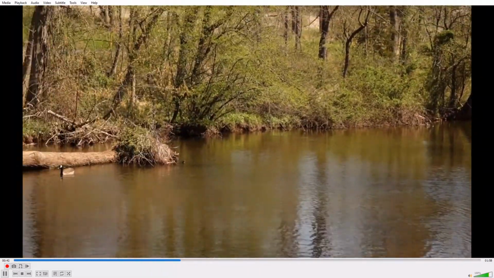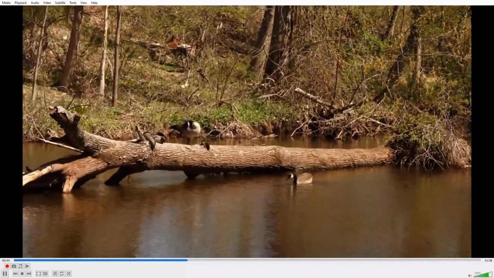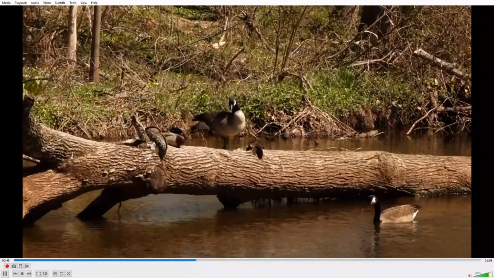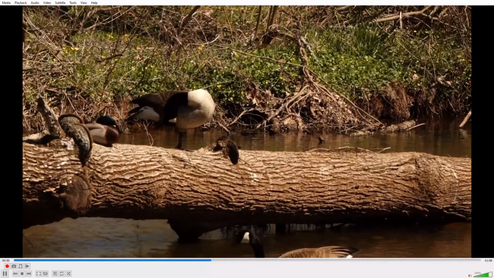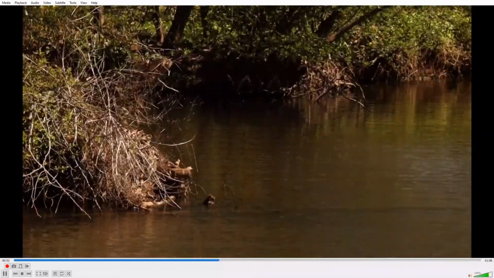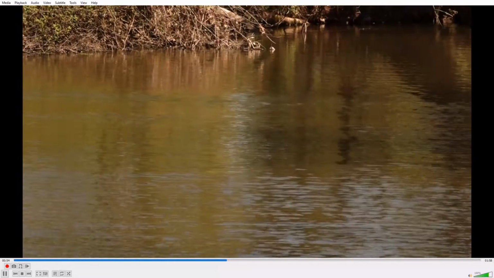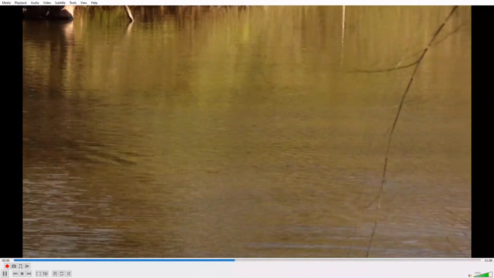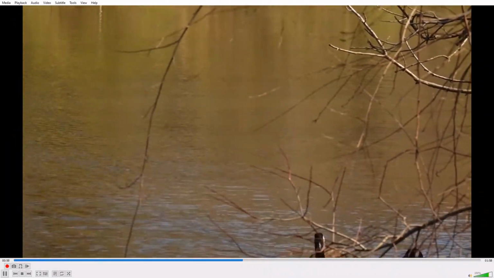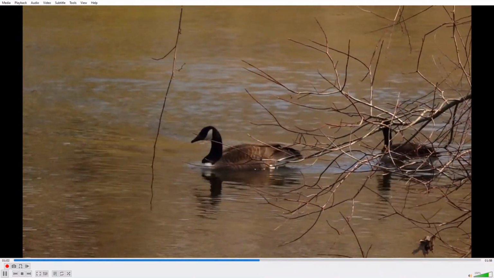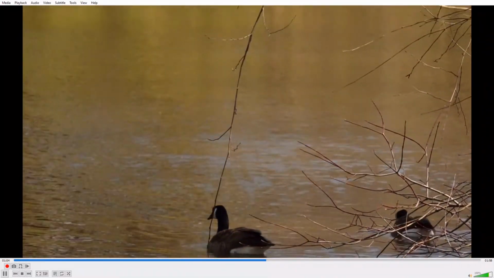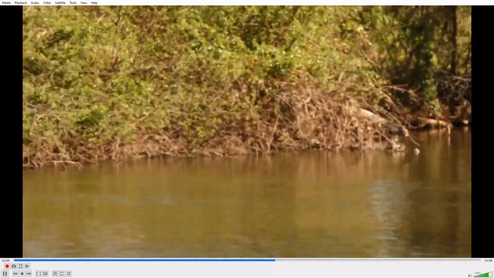Keep it moving. 11, 12. So, hey, get off your belly. Stop it. Whoa, wait, are there more? I think there are. Let's see. I see its head. 13, 14. 14 geese. Oh my goodness.